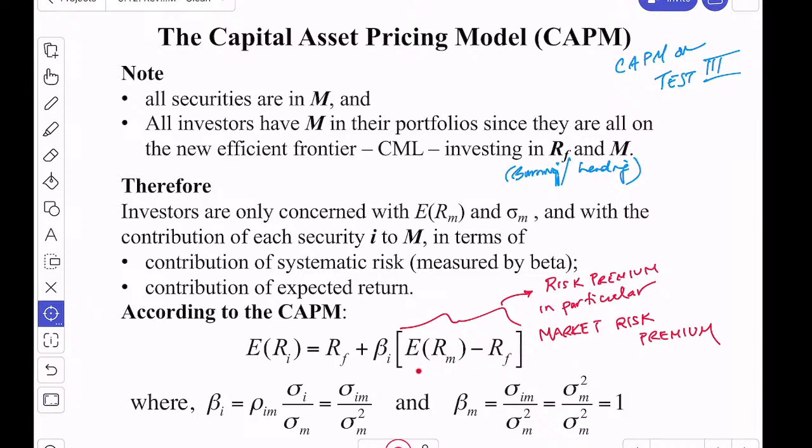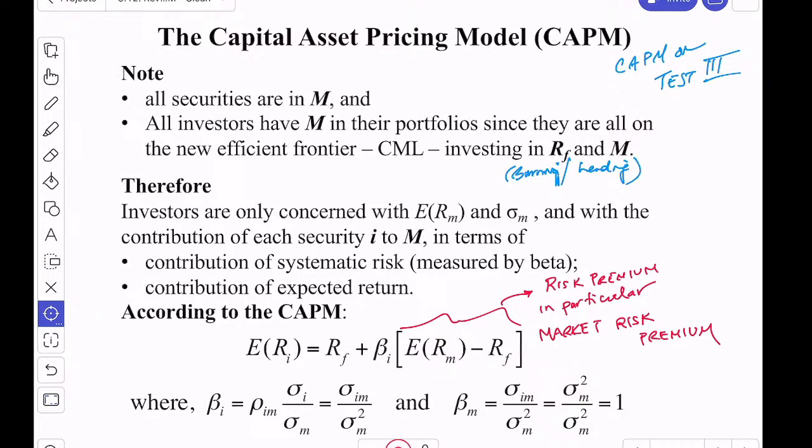This is the expected return to the asset of portfolios recognized as the efficient preferred portfolio, minus the base case where rational investors are investing in the risk-free asset.